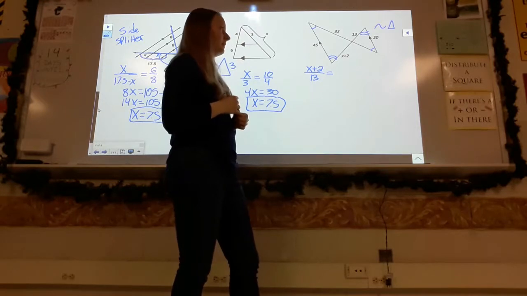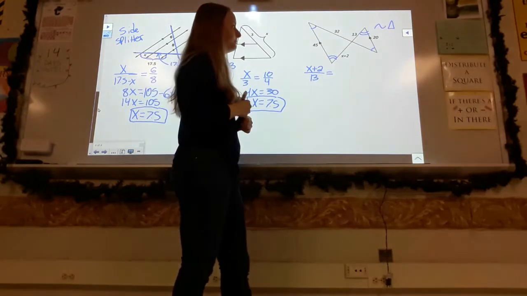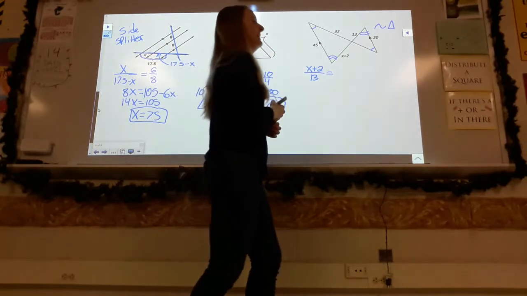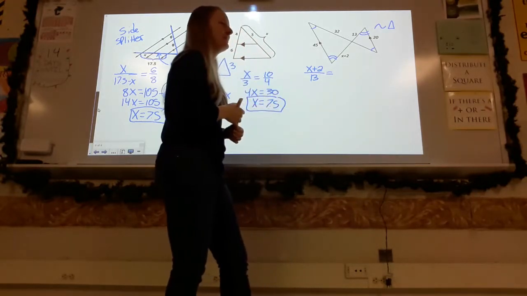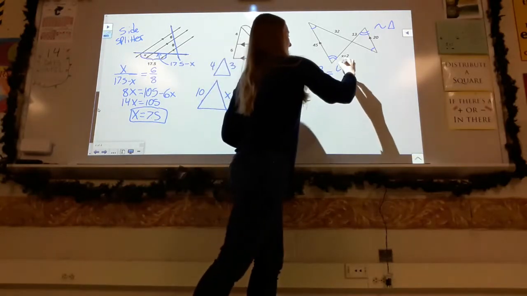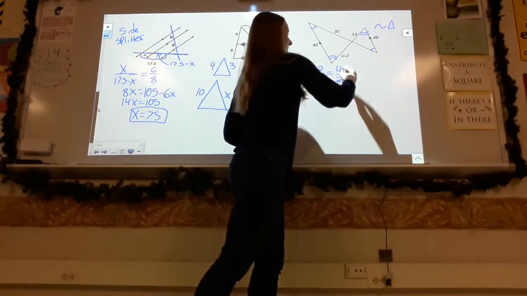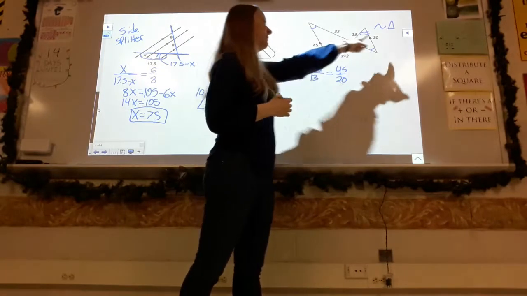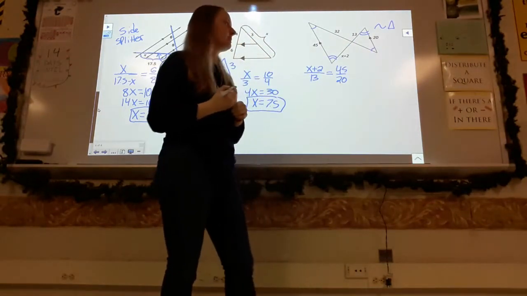And then how would I write the other proportion? 13 over 20. Okay, so maybe don't use the 32. 45 over 20. Alright, you can't use the 32 because they don't have the corresponding part, but you can use the 45 and the 20 because those are both there and they're corresponding.